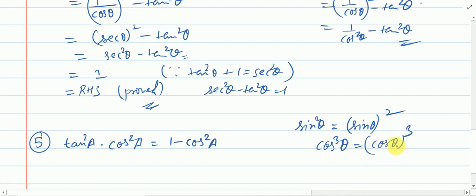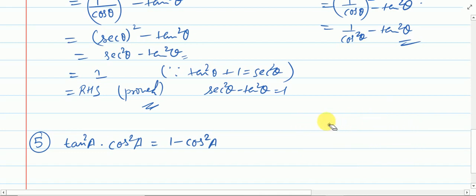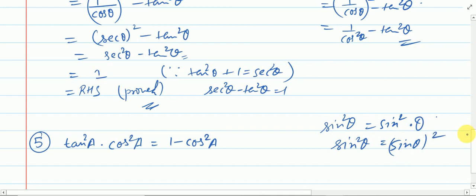Please remember these things. It doesn't mean that sine square is separate and theta is separate. If I'm writing sine square theta, it means sine theta whole square.